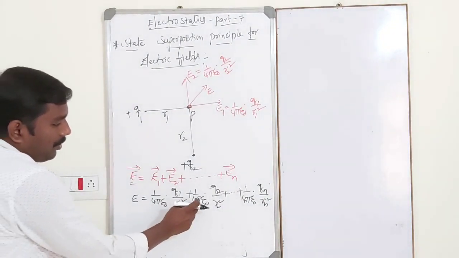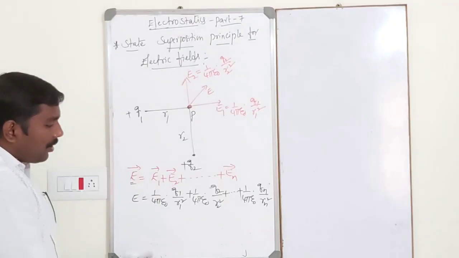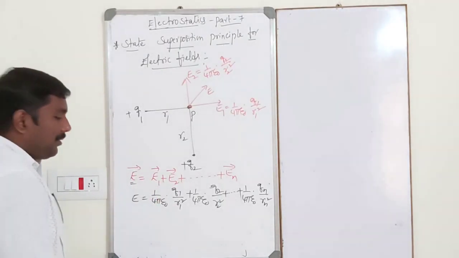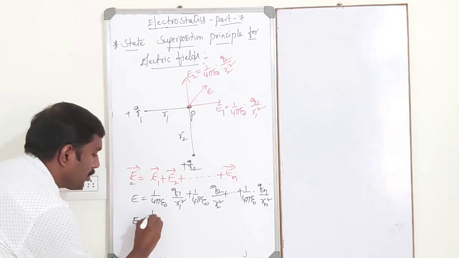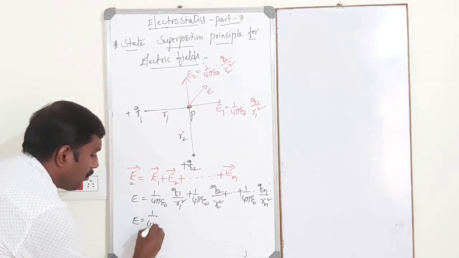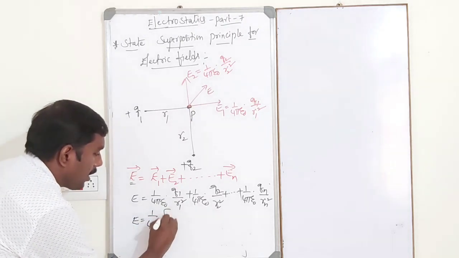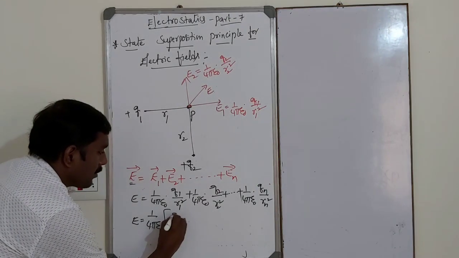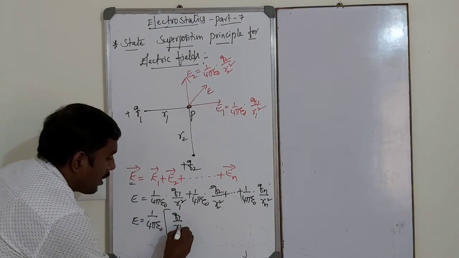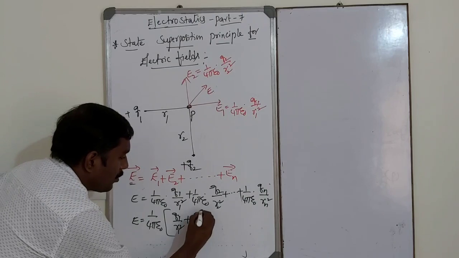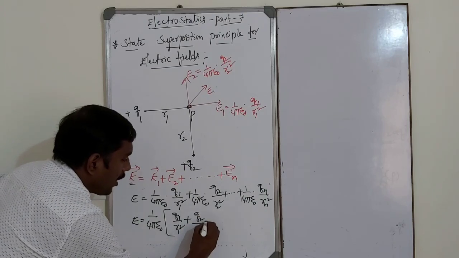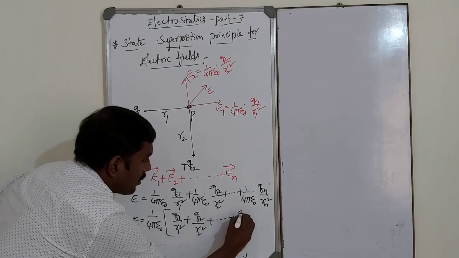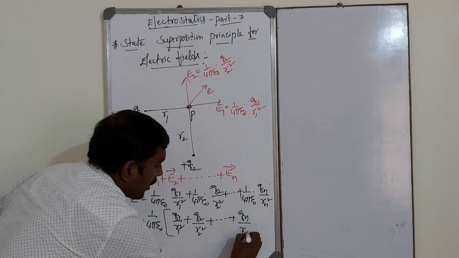In this, which term is common? 1 over 4 pi epsilon naught is the common factor. So E is equal to 1 over 4 pi epsilon naught times Q1 by R1 square plus Q2 by R2 square plus and so on plus Qn by Rn square.